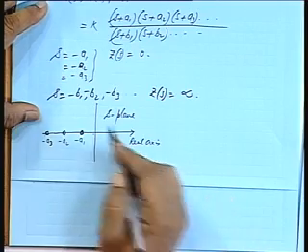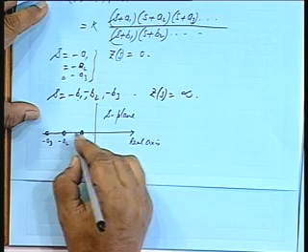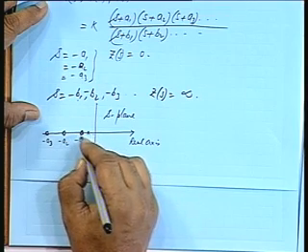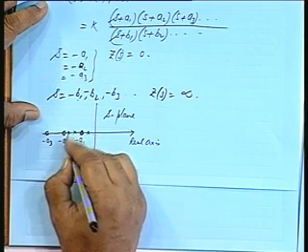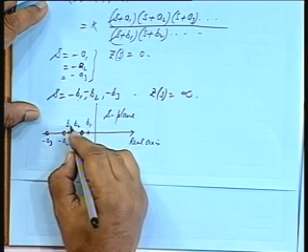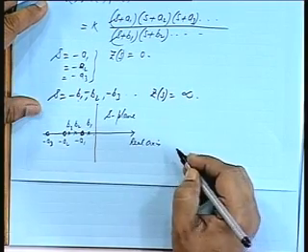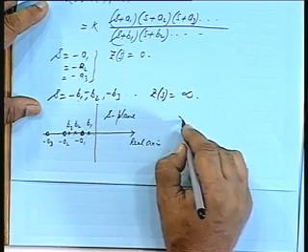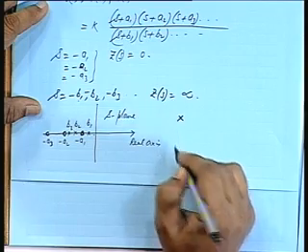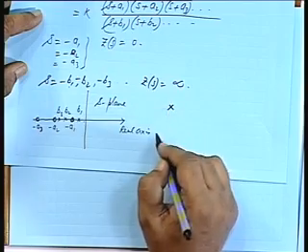So, we show them by a small circle or a 0. Okay. Similarly, at minus b1, b2, b3, b1 may be here, it may be here, it may be here. So, b1, b2, b3 and so on, the function becomes infinity. So, when the function becomes infinity, the corresponding roots, we call them poles, will be denoted by a cross.